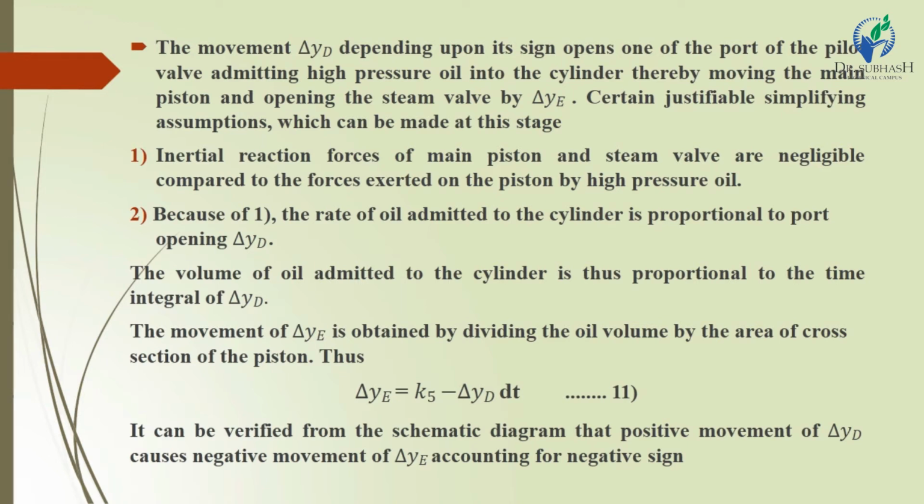The volume of oil admitted to the cylinder is thus proportional to the time integral of delta YD. The movement of delta YE is obtained by dividing the oil volume by the area of cross section of the piston. Thus, delta YE is equal to minus K5 into the integral of delta YD dt. This is known as equation number 11. It can be verified from the schematic diagram that a positive movement of delta YD causes a negative movement of delta YE, accounting for the negative sign.